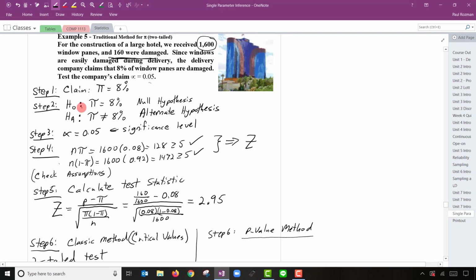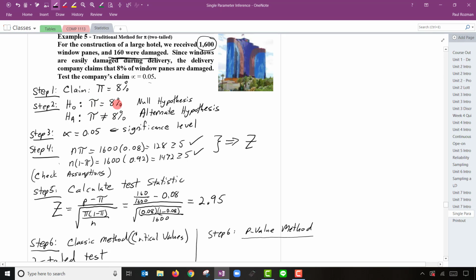Our null hypothesis was that pi is 8%. What would make us disagree with that? Well, we would disagree with that certainly if we got numbers way bigger than 8%. So anything strangely high should be rejected. But we would also reject this if we got a number that was strangely low.